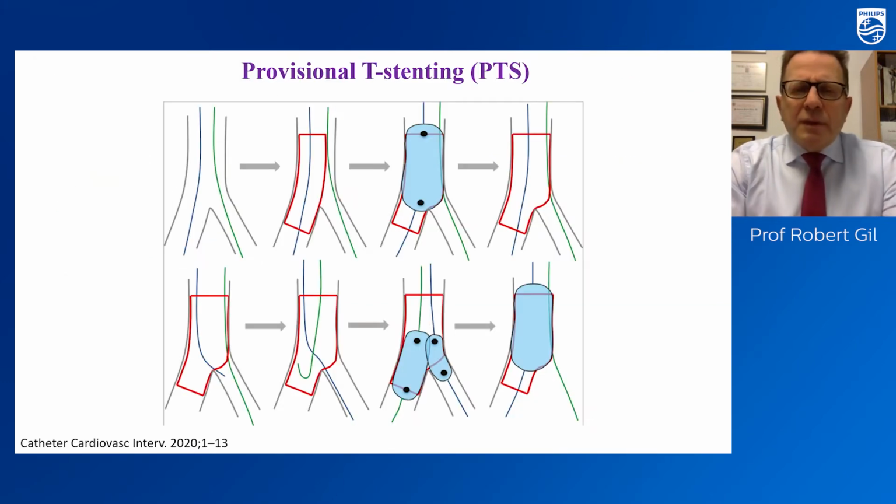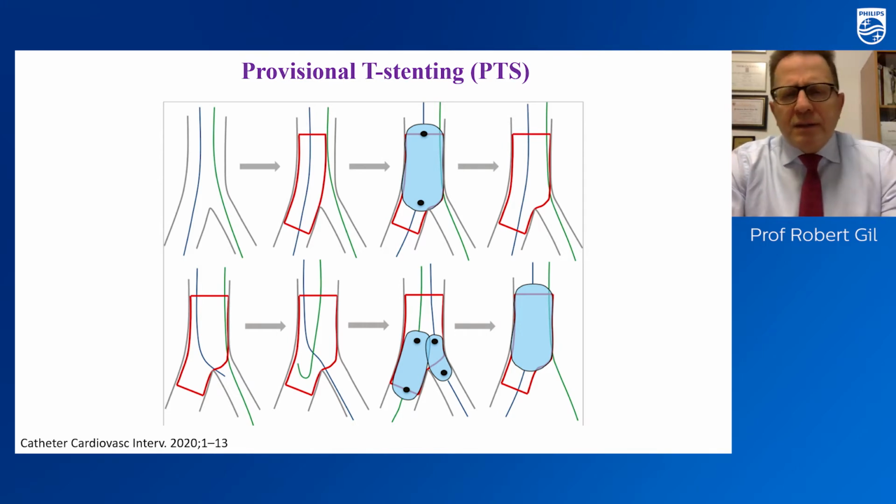Some words regarding how provisional T-stenting should be performed. Here you can appreciate that stents should be sized based on the distal reference. Then, second, two wires should be inserted into the bifurcation, the side branch and the distal main vessel, then stent implantation.